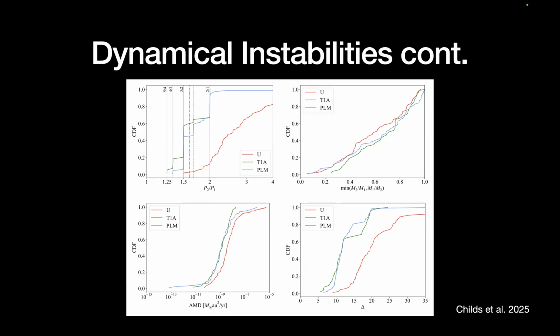In the top right-hand corner are the distributions of the mass ratios for adjacent planet pairs. And we do not find statistical differences between those 3 groups, but we do find that the unstable runs get shifted slightly to lower values, which is what you would expect if the planets are undergoing mergers, because they start to move away from uniform values. So where we find the biggest difference between these groups, though, is in the period ratio distributions, which are shown in the top left-hand corner.